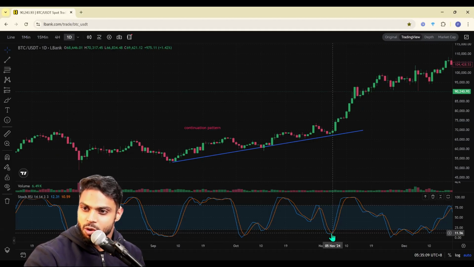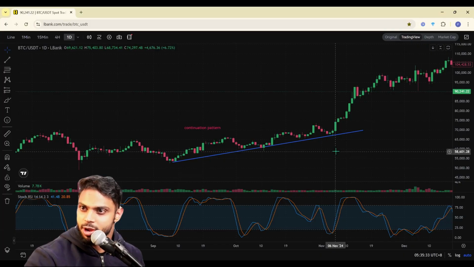The RSI shows that it's in the oversold level. Now, we must wait for the RSI to enter into this bluish strip before we take a long position. And as soon as it enters this strip, we open a long position somewhere here.